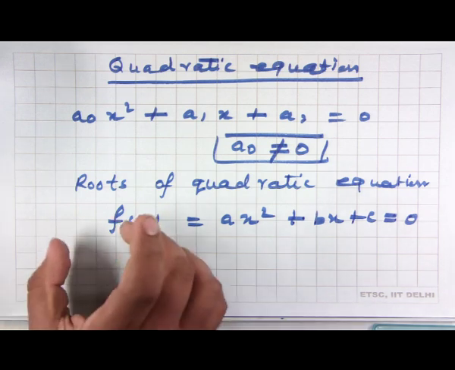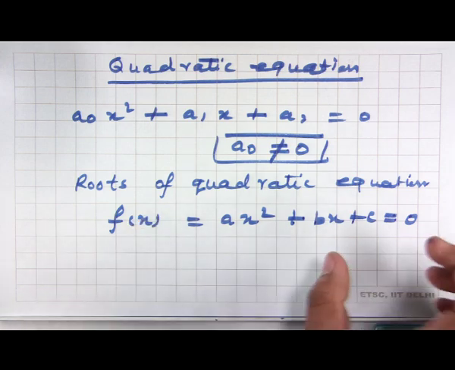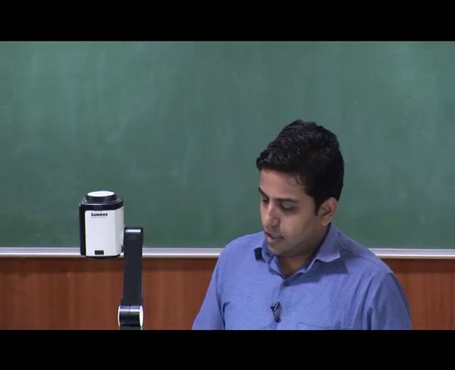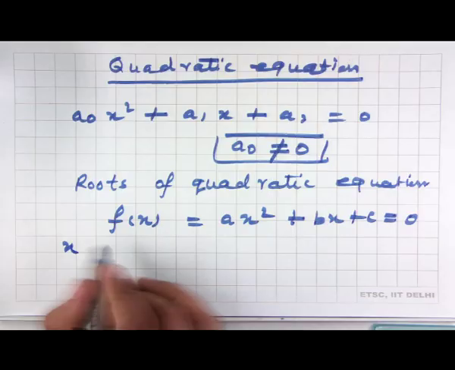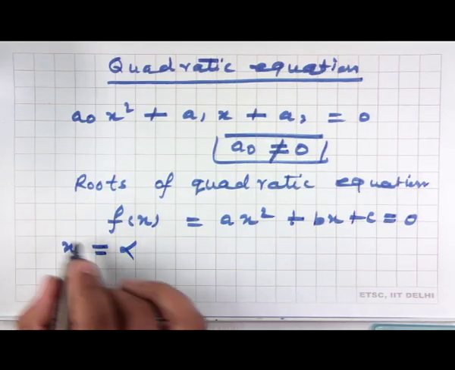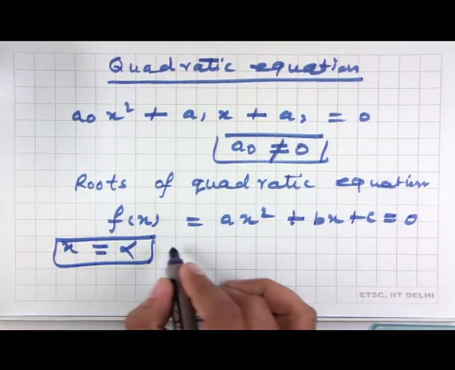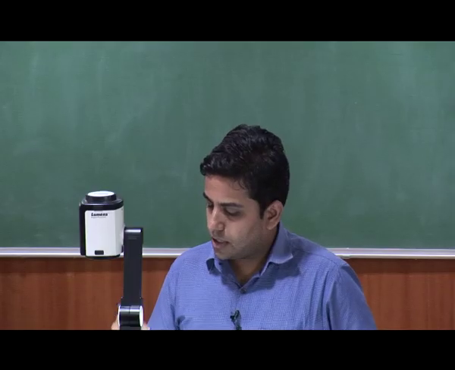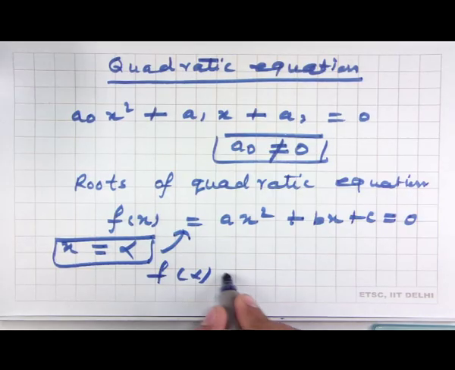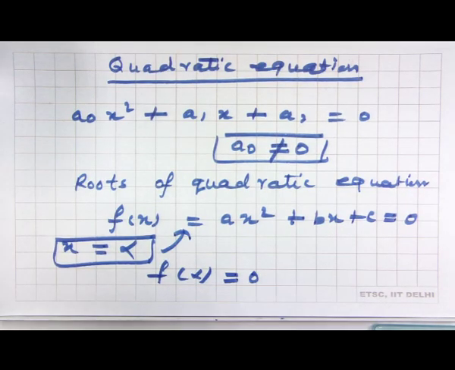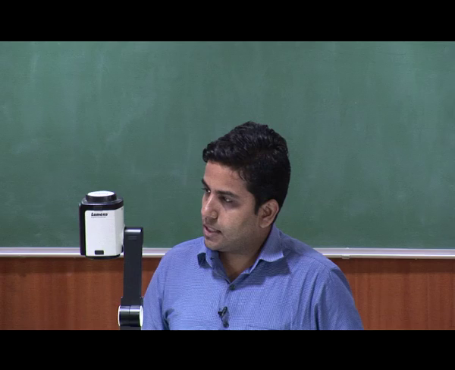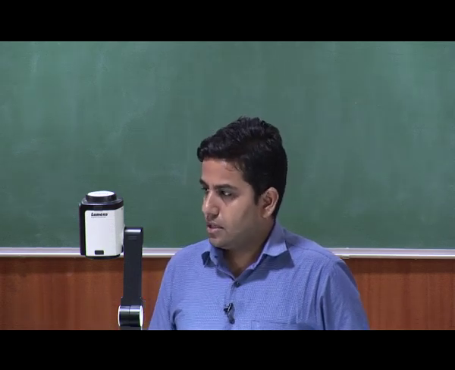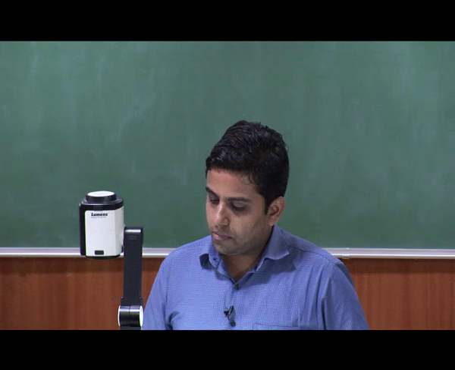The value of the variable which satisfies the equation is called the root of the equation. If any value of x, say alpha, satisfies the equation, it is called a root of the equation.